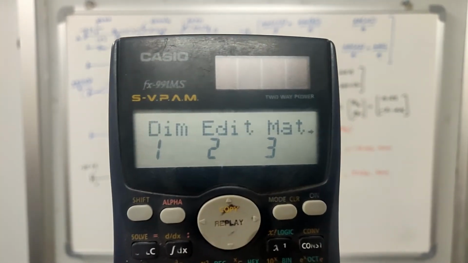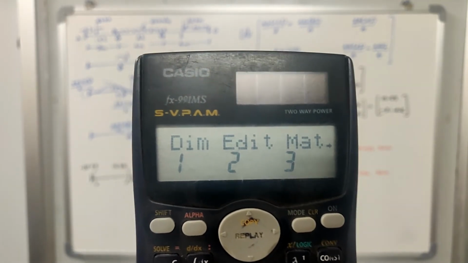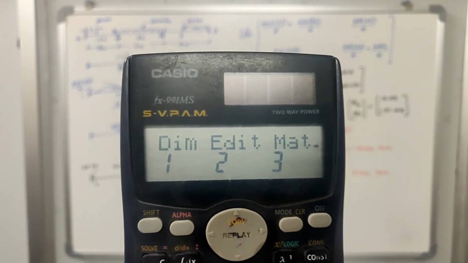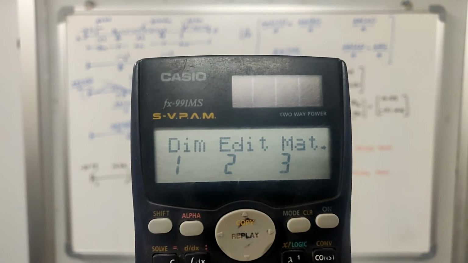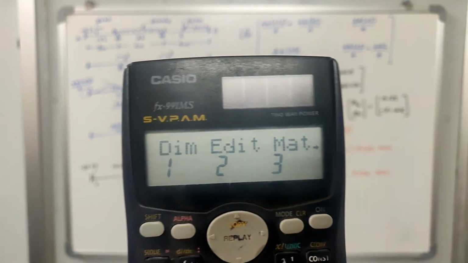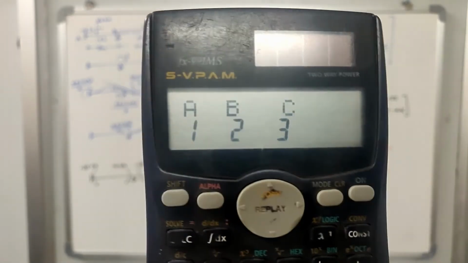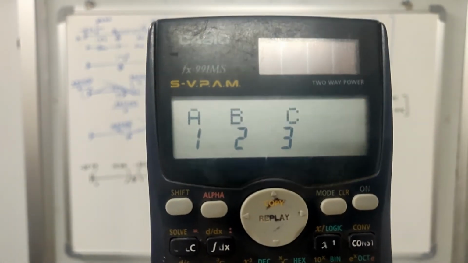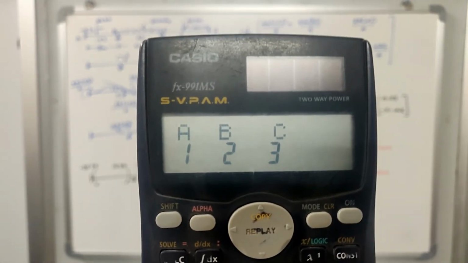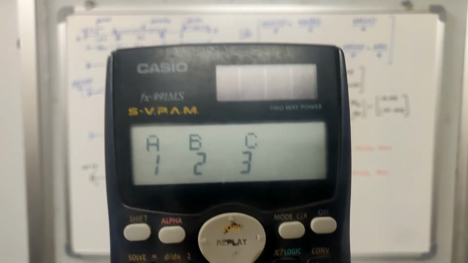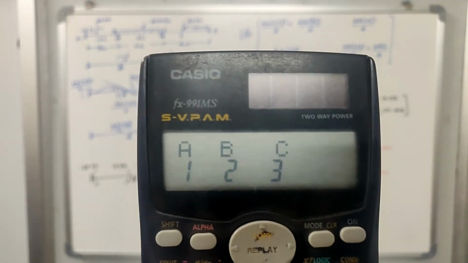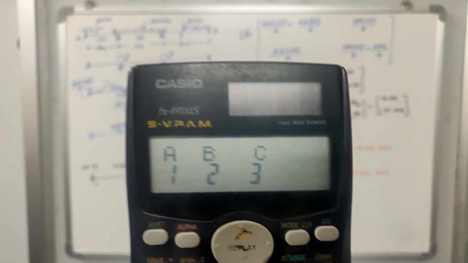The first one is to fill the matrix, the second option is to edit the matrices, and the third option is to get those matrices. So let me first click the first, dim. In dim we have 3 matrices, which means the number of matrices that can be filled in your calculator. You cannot fill more than 3 in this calculator.